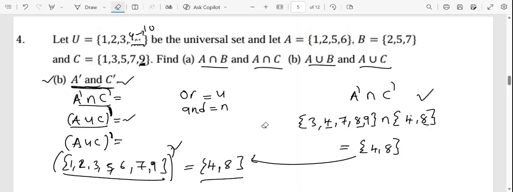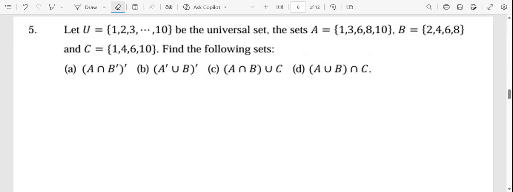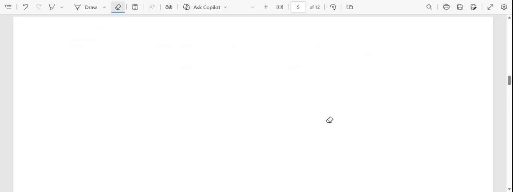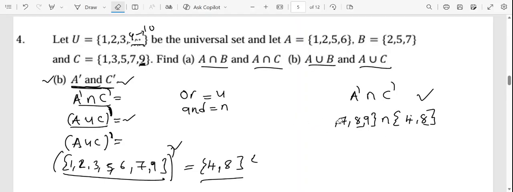About this one, right? Okay. At first, I used De Morgan. I don't know if you understand it, but I believe you learned about it. But on the other side, I used the normal way, the way it came. We use the union here.